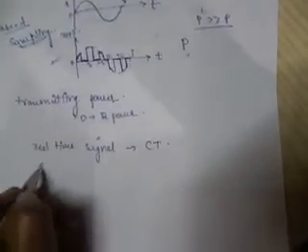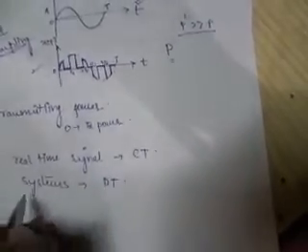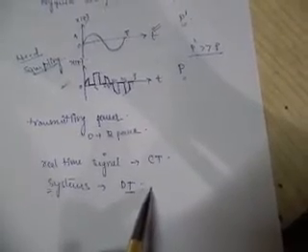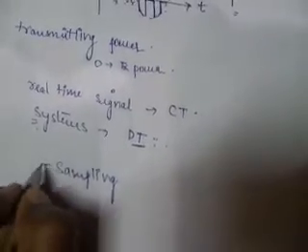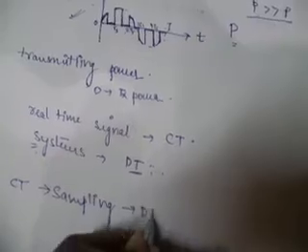But all these systems, the real world systems, are discrete in time, and the reason for this is the same, that is, we need less transmitting power in discrete time signals. So this is the reason that we need sampling. That is, sampling acts like a bridge between continuous time and discrete time.